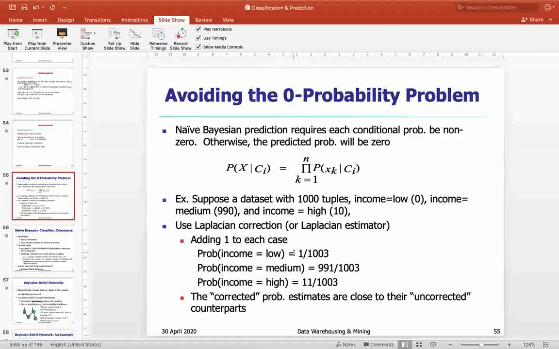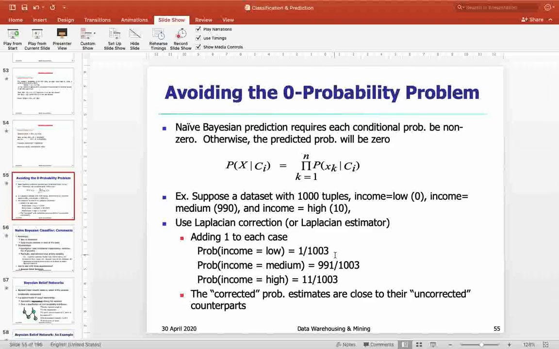This is 0 plus 1, by the total number of counts. Before it was 1,000. Now we are adding 1 with low, 1 with medium, and 1 with high, so a total of 3 has been added, right? So this is 1 by 1,000 plus 3, that means 1,003. So what is the value? This is 0.001. Before it was 0, but now it is not 0.